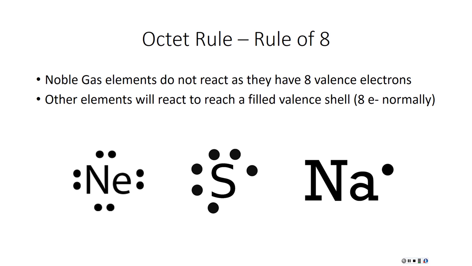And we see this time and time again. This is actually how things react. So chlorine, for example, has 7 valence electrons. So do you think it's easier for chlorine to gain 1 more valence electron or give up 7? Gain 1. And that's exactly what it does.